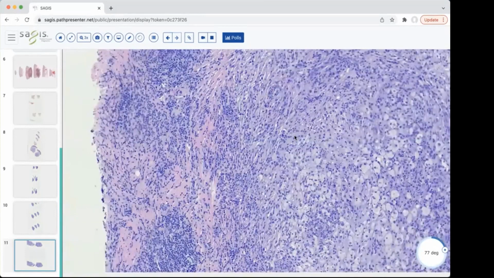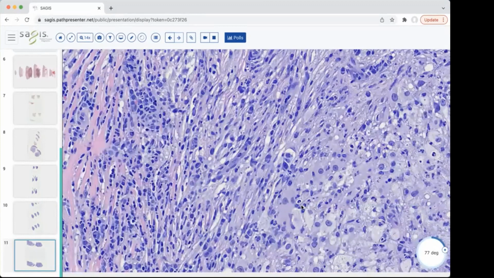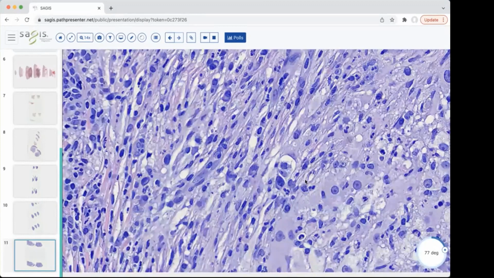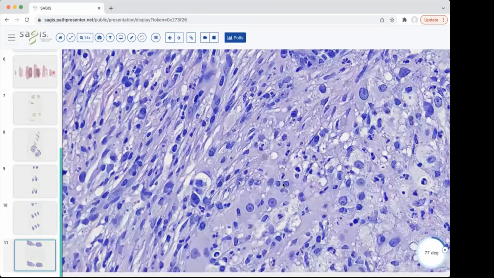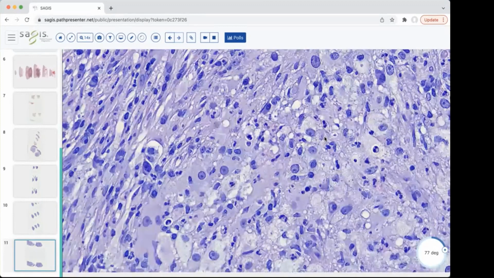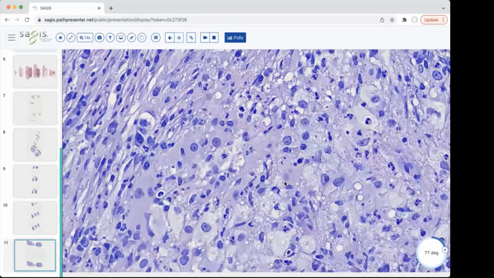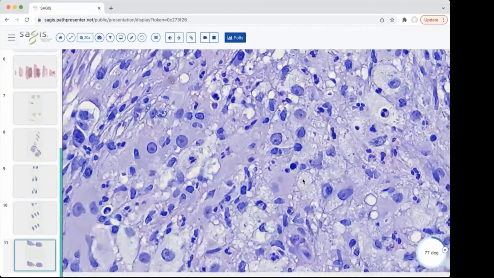But we're looking for cells within the cytoplasm of these histiocytes. Trying to find a great example of that. Okay, here, this cell is containing these two lymphocytes and a plasma cell.